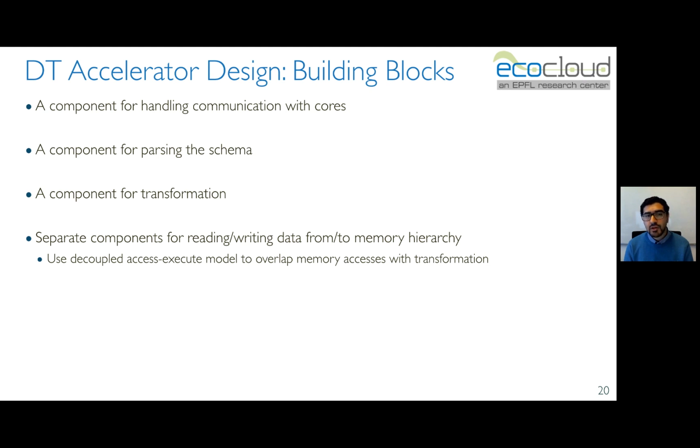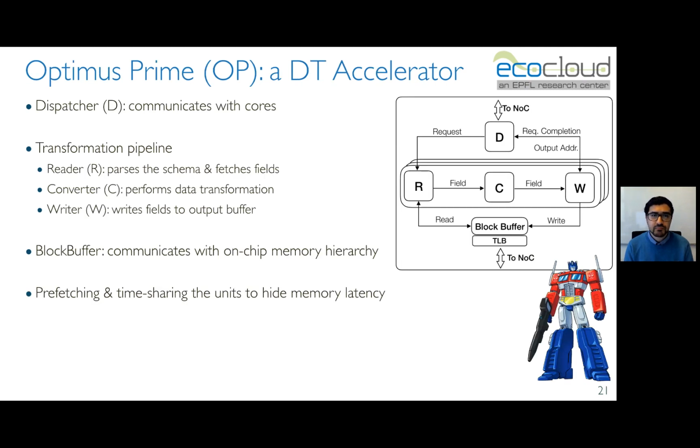As this component can do transformations in a few cycles, the memory access cost will limit the performance and will be the bottleneck. So we need to use the decoupled access execute model to overlap memory accesses with transformations, which means separate components for reading and writing from and to memory.